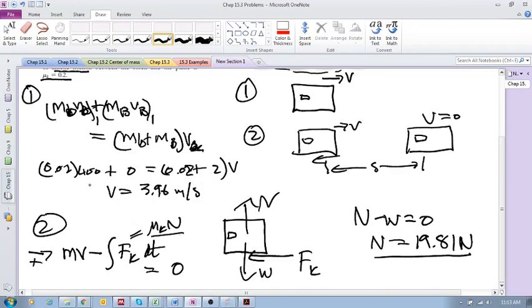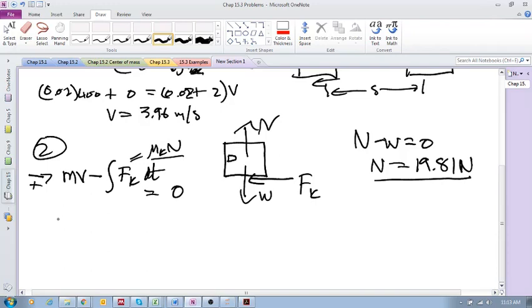We've got our mu k equal to 0.2, so we can put that in here. So the total mass is 2.02 times 3.96 minus 0.2, because these are all constants, we can take them out of the integral, minus 0.2, that's my mu k, times the normal force, which is 19.18, times time, because we've integrated the dt, and we're going to get t out there.